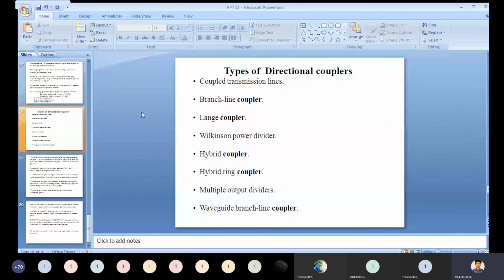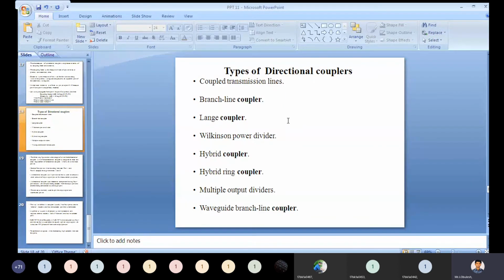Now next you need to see the general discussions. How many types of directional couplers do we have? The first is coupled transmission lines, then the branch line coupler. We don't have these in the syllabus, you just need to see the main points.